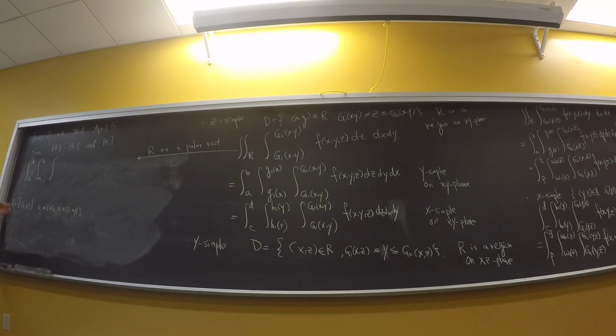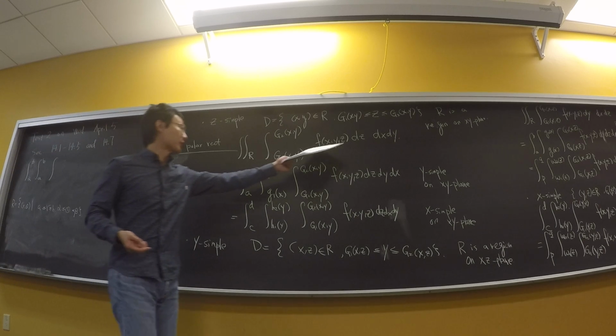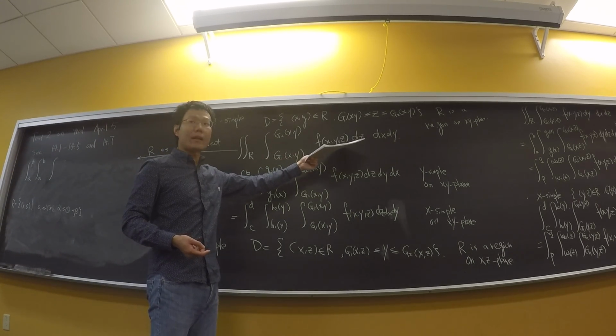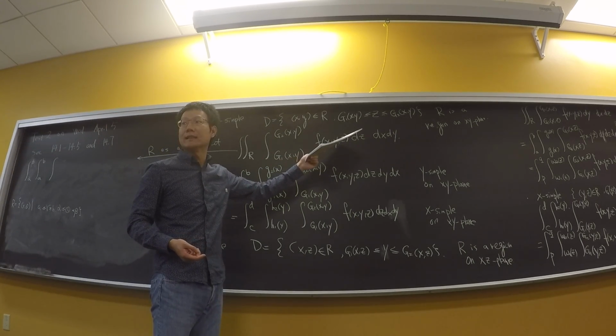So I can also identify the region R as a polar rectangle, which means theta varies from alpha to beta, R varies from A to B, and I need to switch between x, y and R and theta in everything. So I need to write down these variables in x, y in R and theta.